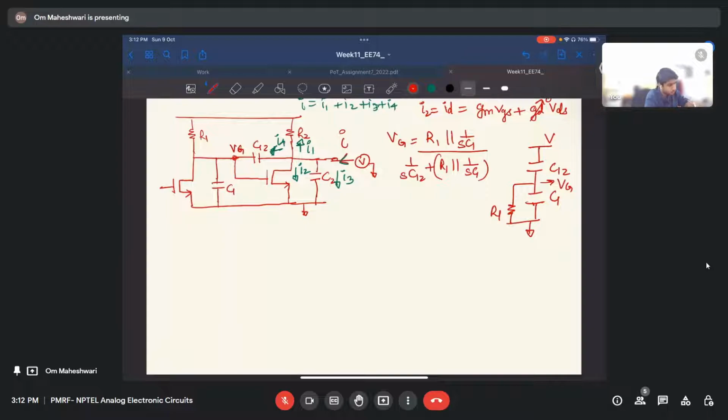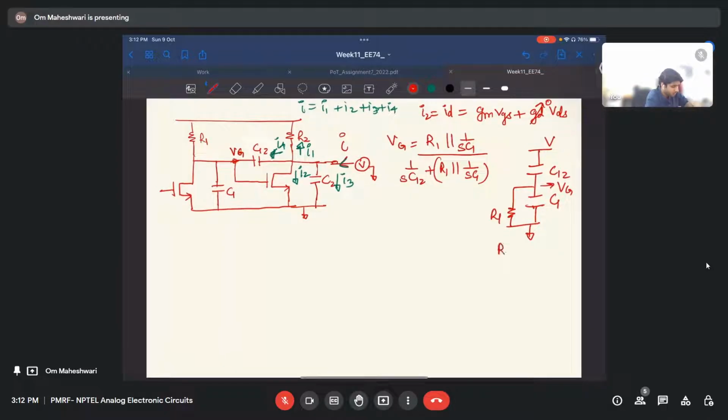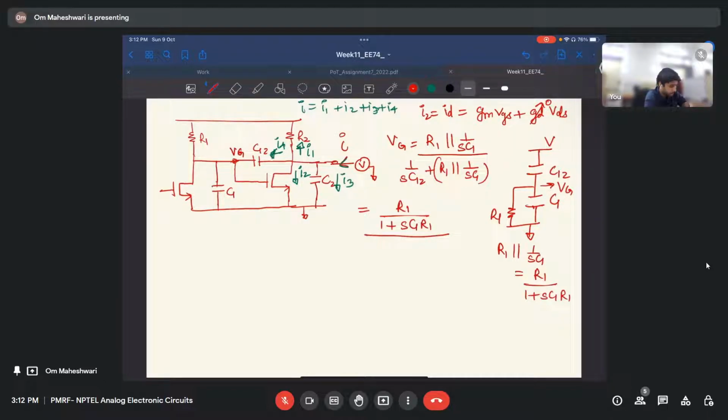R1 parallel 1 by SC1 equals R1 by (1 plus SC1 R1). So I'll put this value here and we get R1 by (1 plus SC1 R1) divided by 1 by SC12 plus R1 by (1 plus SC1 R1).